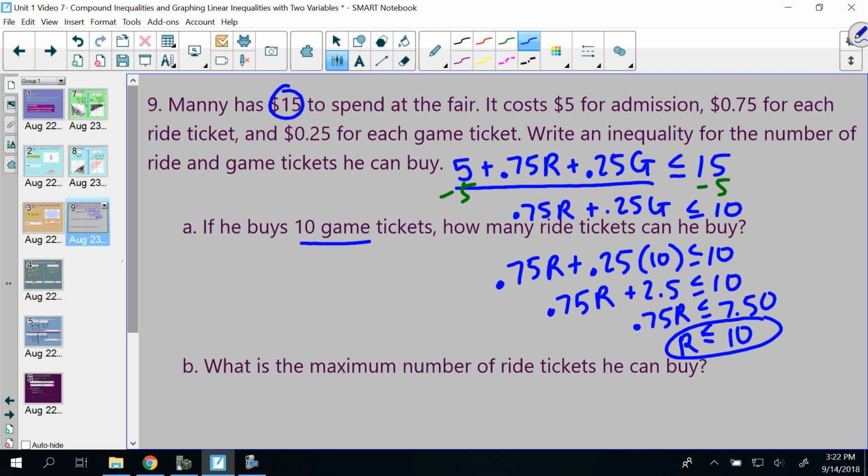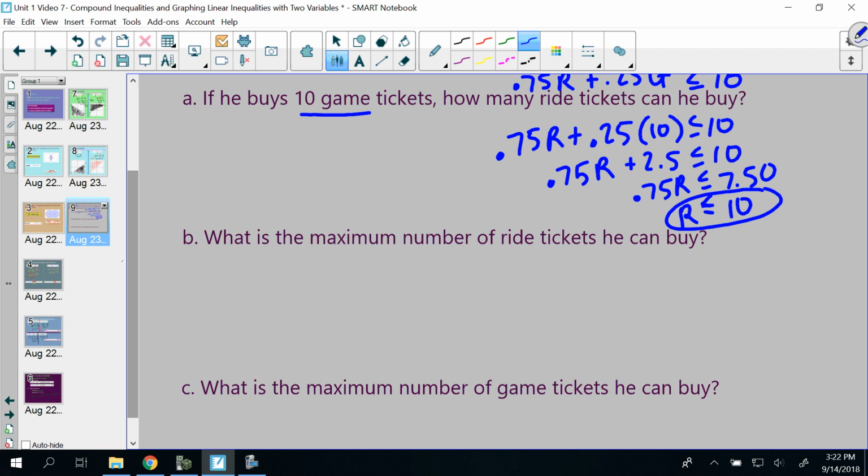Okay, part B, what's the maximum number of ride tickets that he can buy? So if you want to know the maximum number of ride tickets, that would probably mean we're not spending any money on games. So if we start with our same equation here, instead, what we want to do is assume that there's going to be 0 games played. So anything times 0 is still 0.